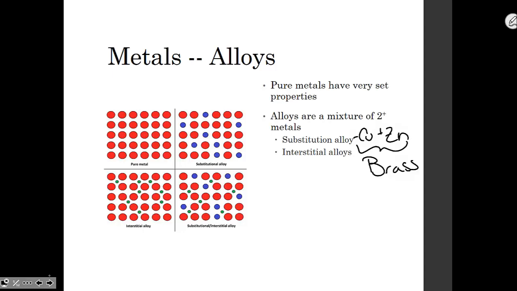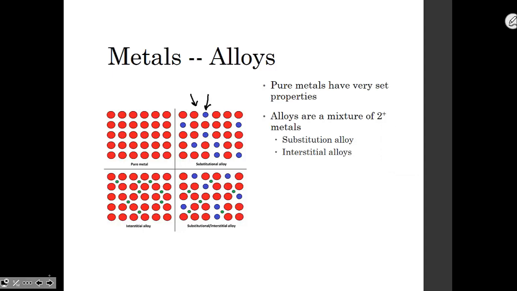Copper and zinc have approximately the same radius, so brass is formed when you take a bar of copper and either through chemical or physical means cause the atoms to move slightly apart, and you drop zinc atoms into them, thus substituting one cation for another. Since they're a similar radius, the atoms simply shift and replace one another.